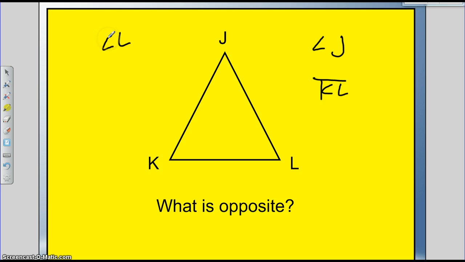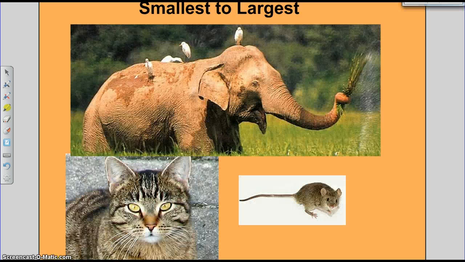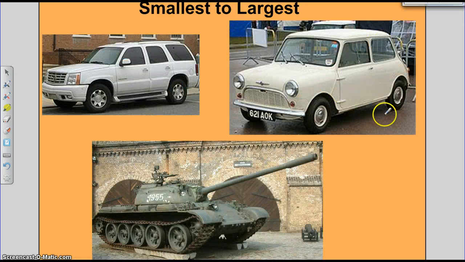Opposite of L is KJ. So when I do smallest to largest, this is small, this is bigger, this is biggest. This is small, this is bigger, this is biggest.